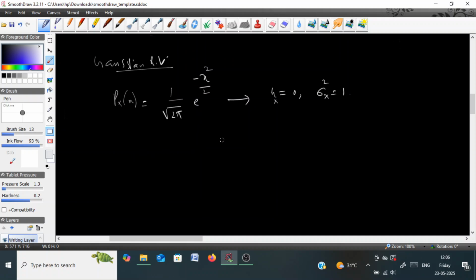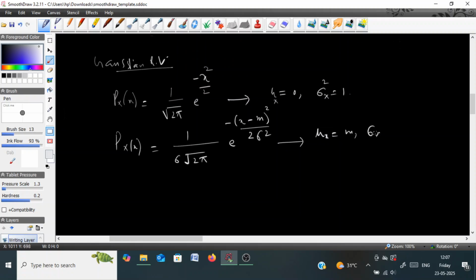And in general, you can define the Gaussian random variable as 1 by sigma under root 2 pi e raised to power minus (x minus m) square by 2 sigma square, where the mean is m and the variance is sigma square.